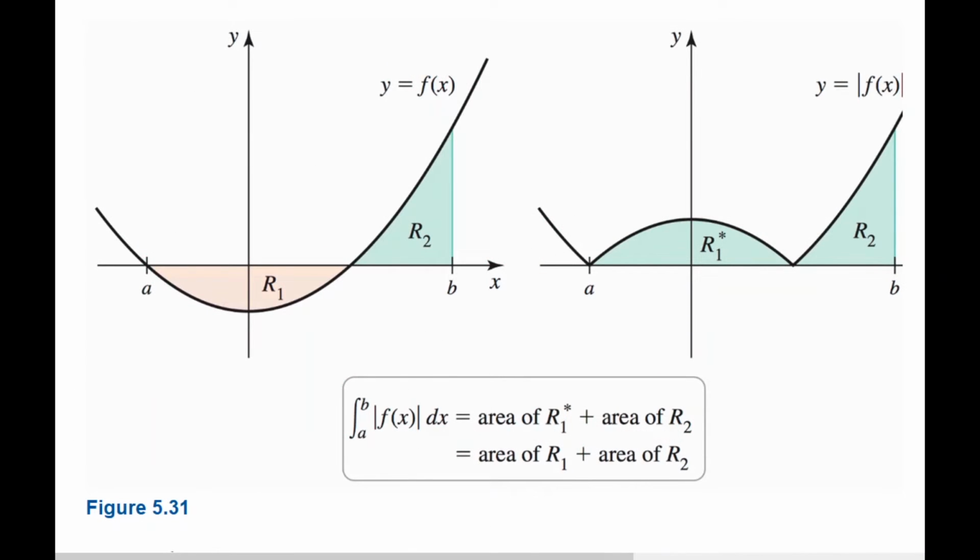And why that property works with the absolute value is you could see on the right here is the absolute value of the function on the left. Okay, so the function on the left is just f of x, and the function on the right is the absolute value of it. And so what it does is flips that r1 above the x-axis, and so you would end up getting the area, but not the net area.